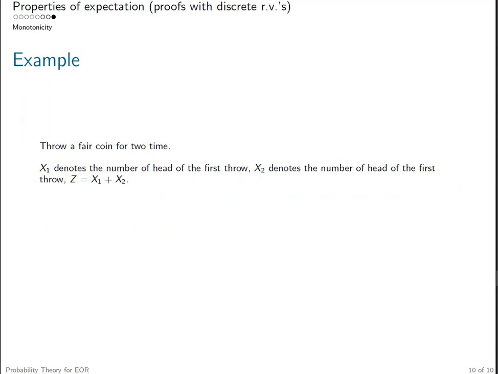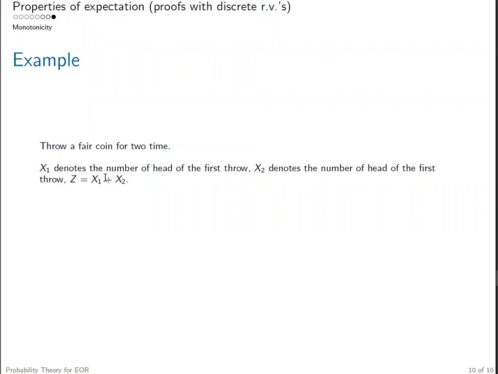You can pause the video here and think about what is the relation between z and x1. Apparently here x2 either takes value 0 or 1, right? If we denote them as Bernoulli distribution, and equal to 1 only if you get head, otherwise 0, then x2 is non-negative.